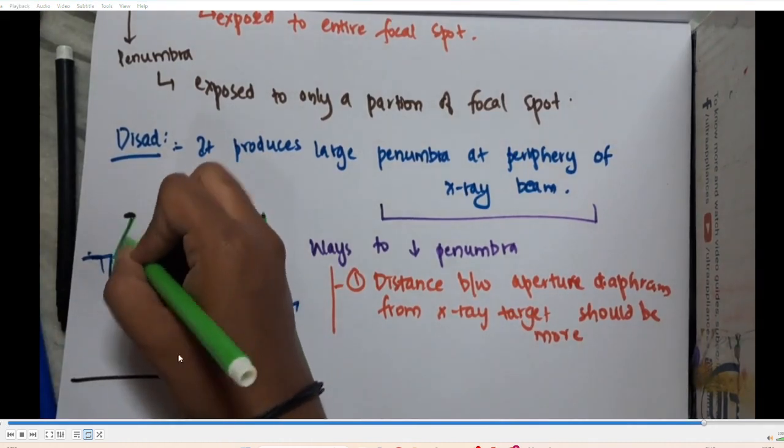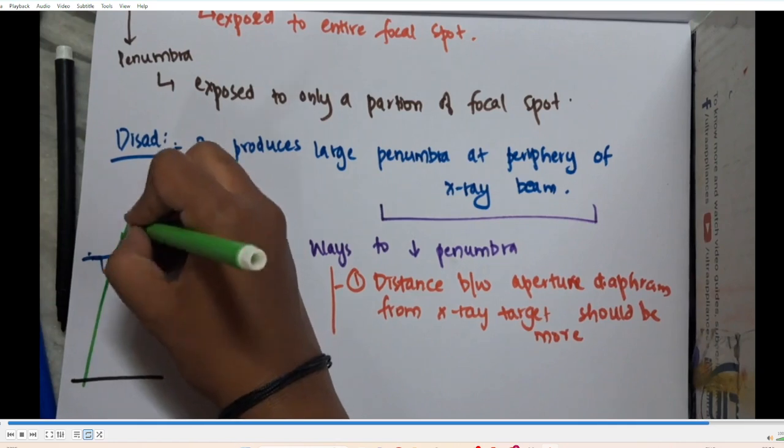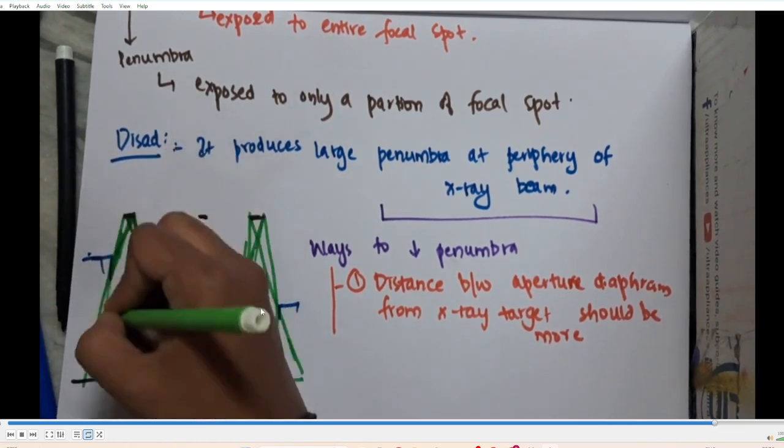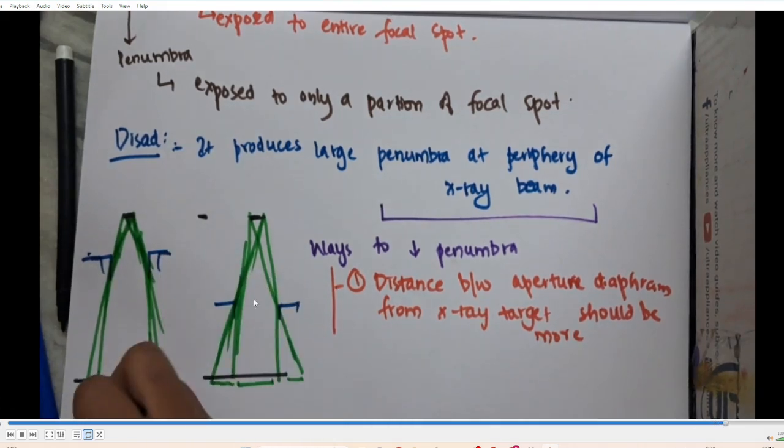If the distance is less, then the penumbra is more.